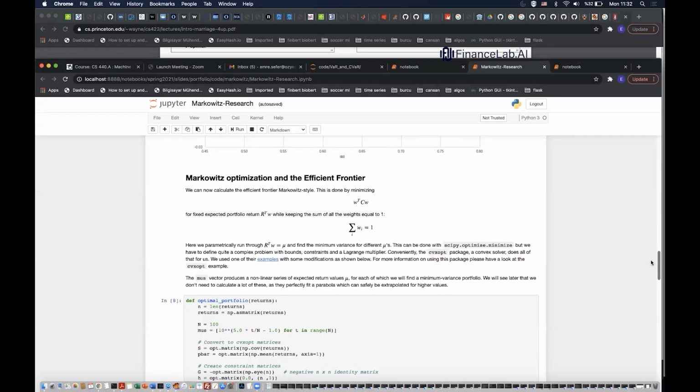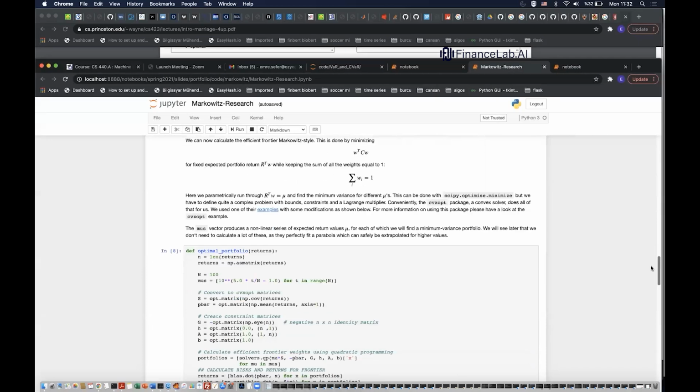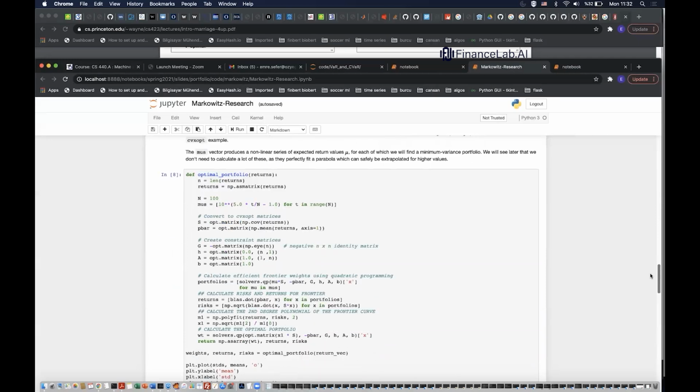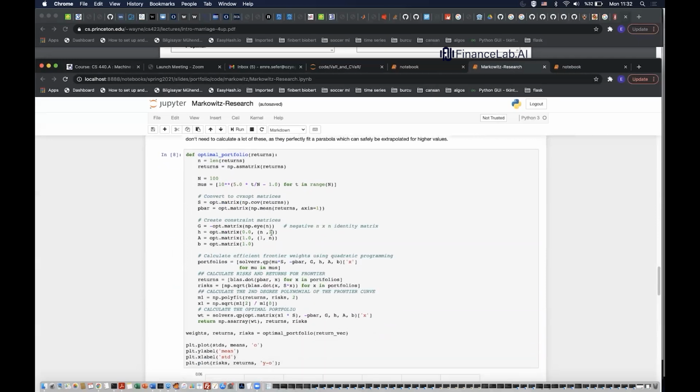In this example, we have this Markowitz optimization. We have the returns and the covariance. And in this case, we are creating constraint matrices, where the portfolio weights should sum to 1, and they should be greater than 0. And then we are optimizing by using solvers.qp, which is a solver for a quadratic optimization problem.